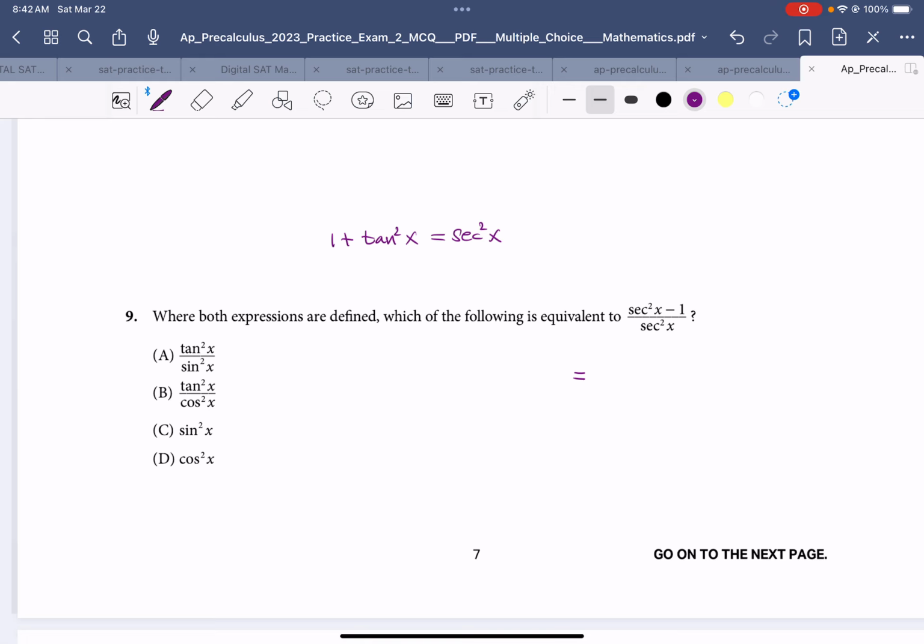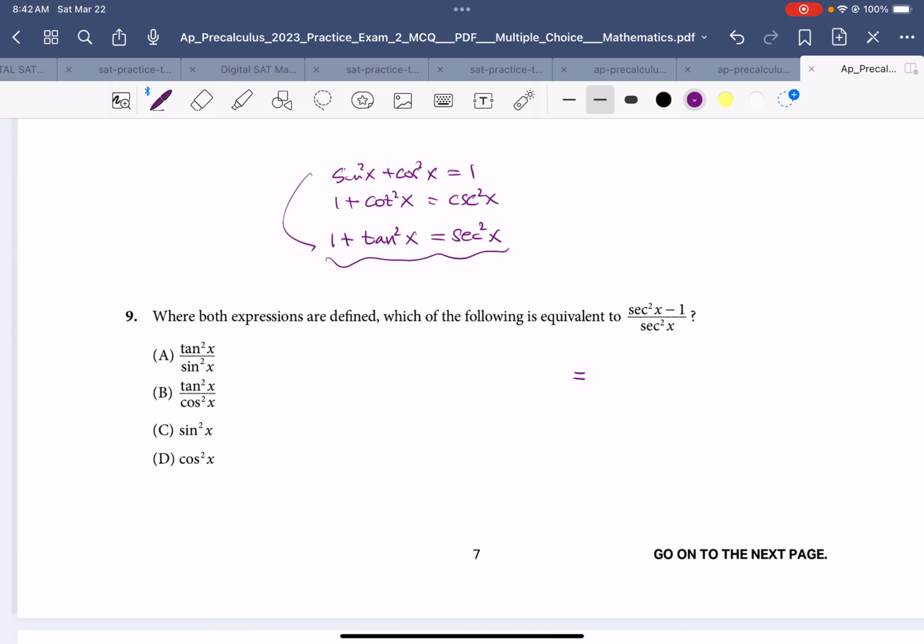I want you to memorize this one. We have two more: sine squared x plus cosine squared x equals 1, which is more common, and also 1 plus cotangent squared x equals cosecant squared x. Those are very important properties. So I'm going to use the first one.